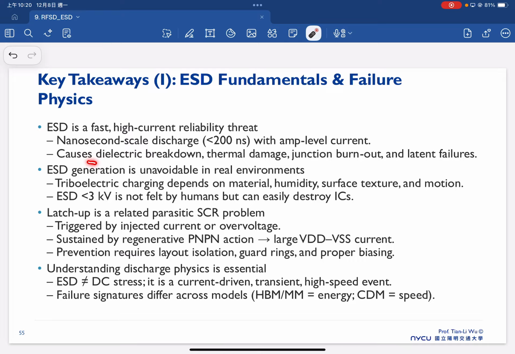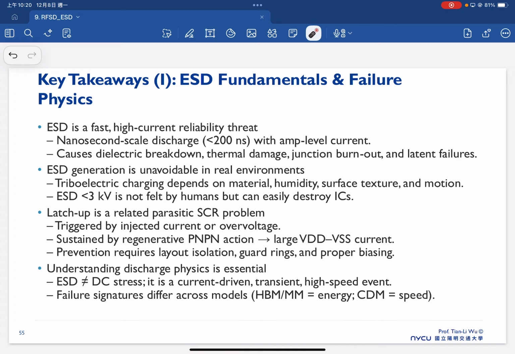This can cause dielectric breakdown, thermal damage, junction burnout, and sometimes latent defects. And ESD generation is not possible to avoid in the real environment.